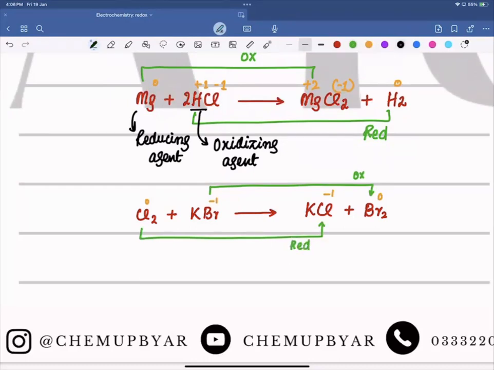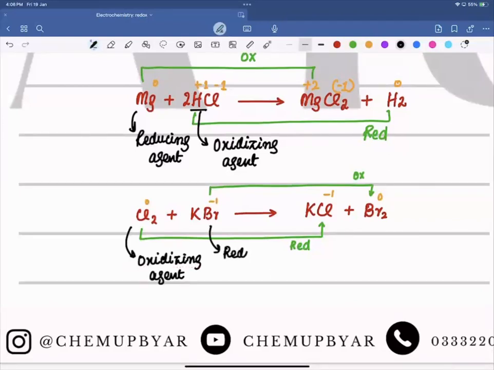So it means that chlorine is the oxidizing agent, and this bromide ion is the reducing agent. Is this understandable to all of you? Yes, sir. Okay.